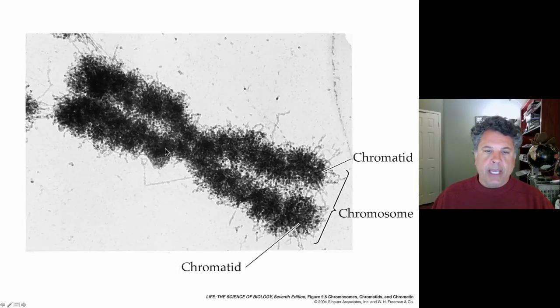These have been replicated from a single parental DNA molecule, such that we have two identical DNA molecules, unless mutations have occurred during replication, two identical DNA molecules in each chromatid that are daughters of a parental DNA molecule. And they are tightly packaged with associated proteins into what we would call a metaphase chromosome.